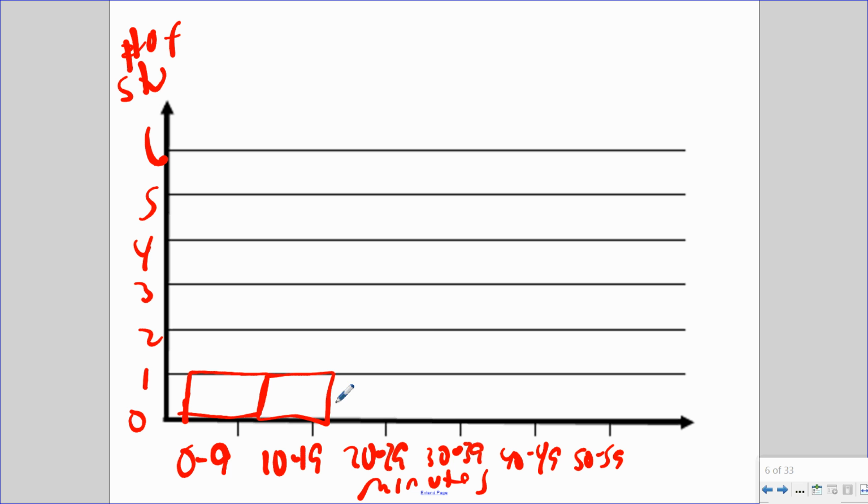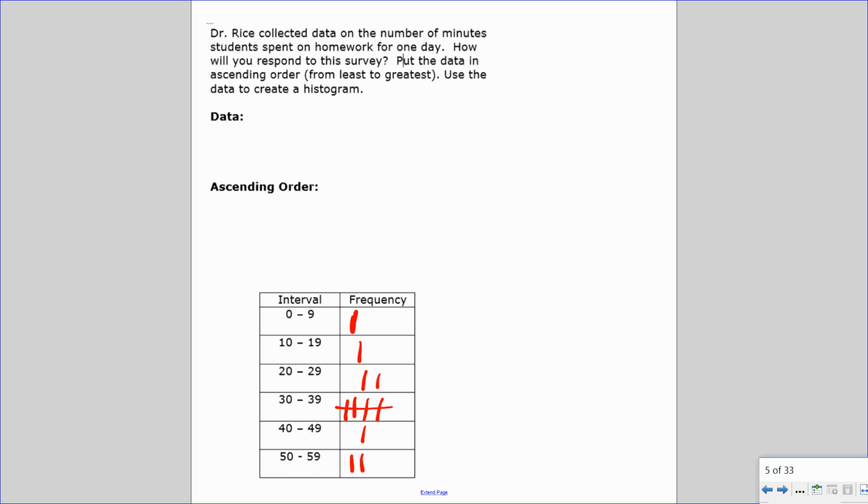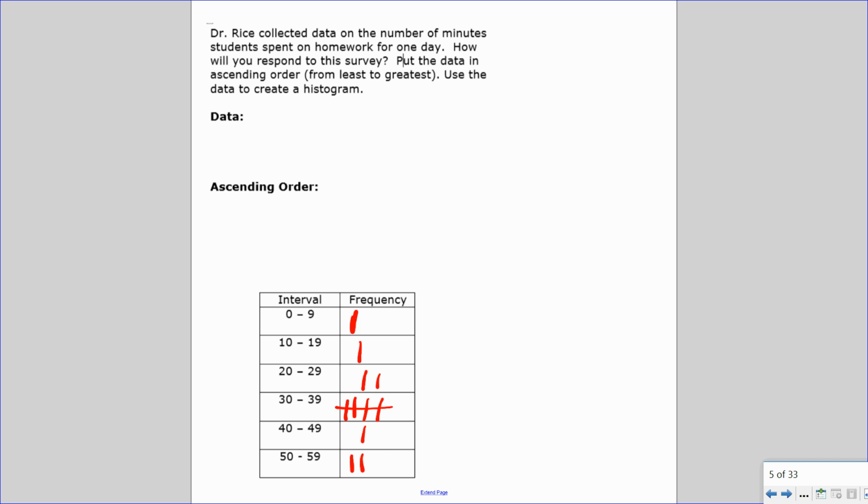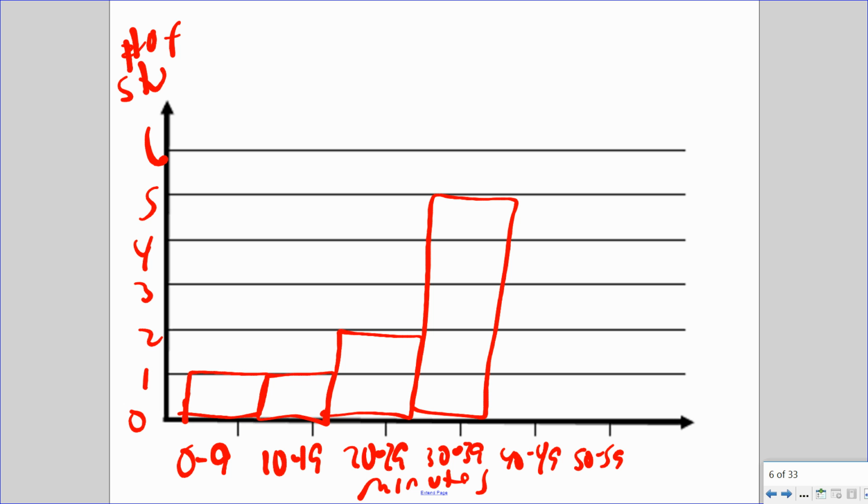From 20 to 29, we have two children. From 30 to 39, we have five children. From 40 to 49, we have one student. And from 50 to 59, we have two students.